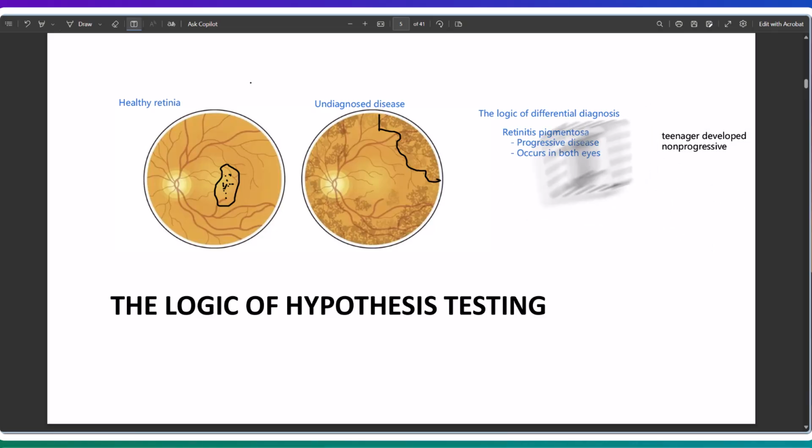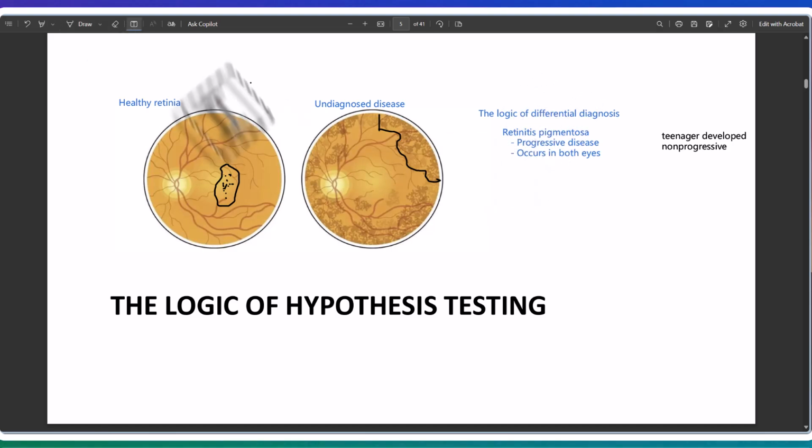So the question is, if this pigmentation is characteristic of retinitis pigmentosa, and retinitis pigmentosa is progressive, but she's not progressing, this is not evidence that it is retinitis pigmentosa.